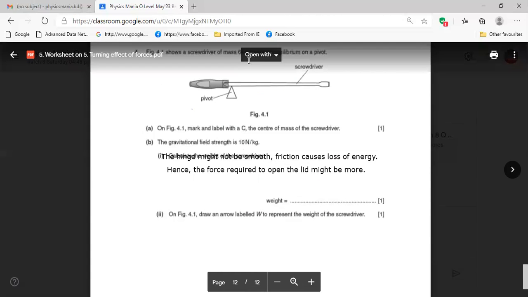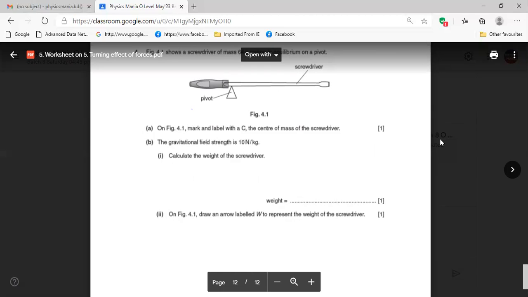Number 4. Figure 4.1 shows a screwdriver of mass 64 grams resting in equilibrium on a pivot. Mark and label with a C the center of mass of the screwdriver.